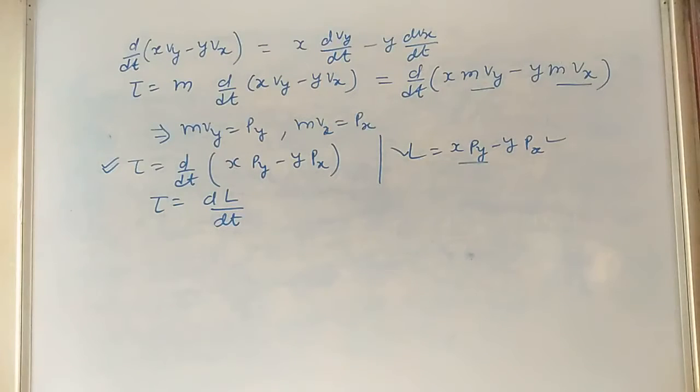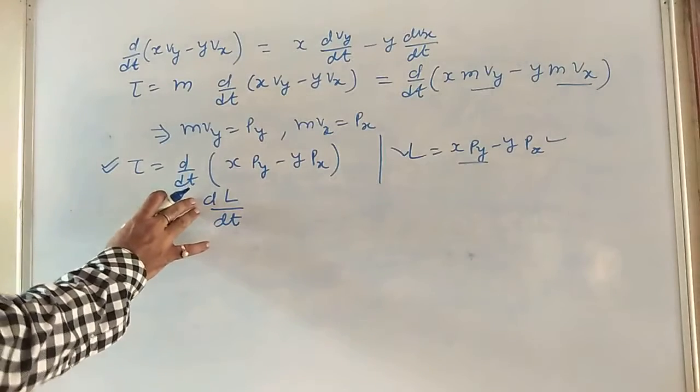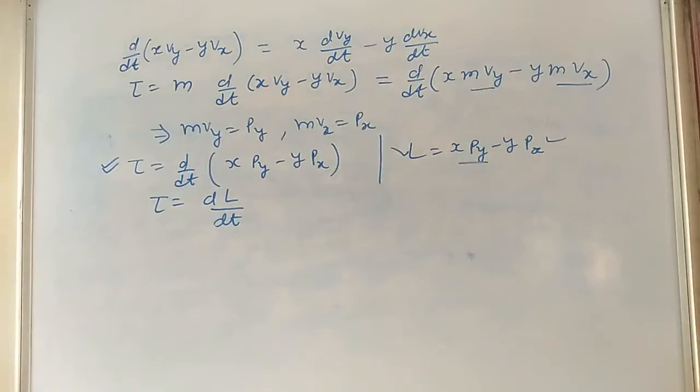So, angular momentum of a particle about a given axis is the moment of linear momentum of the particle about that axis. Now, we see the expression for the angular momentum in polar coordinates.